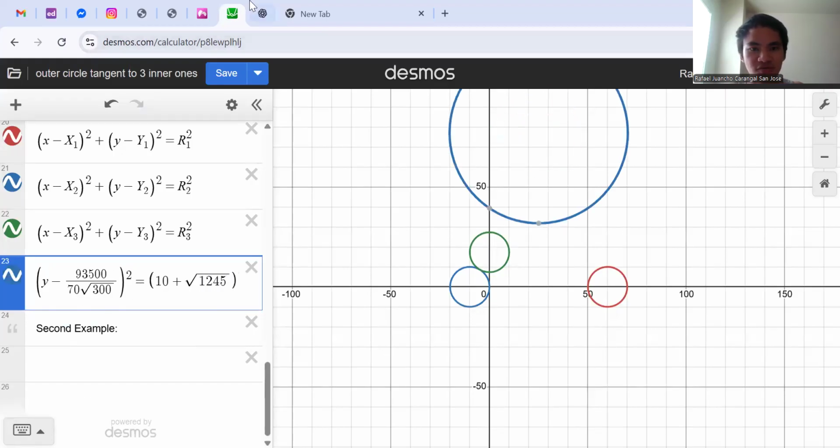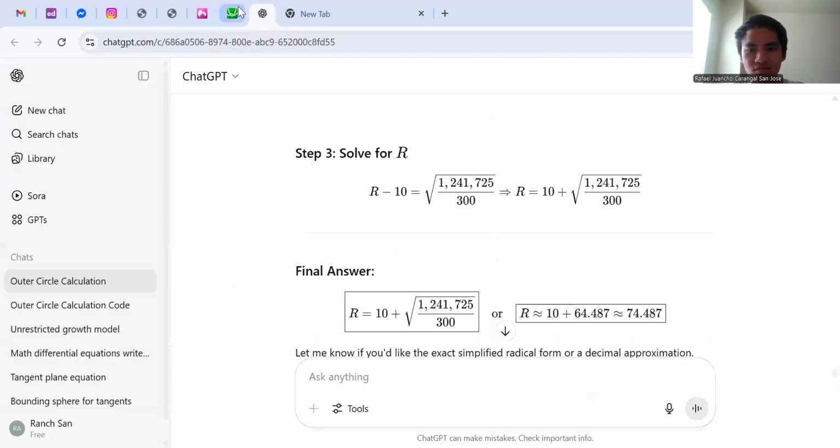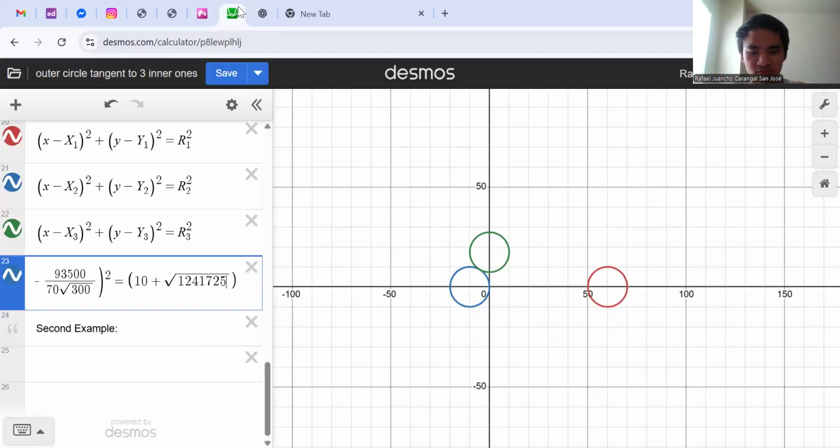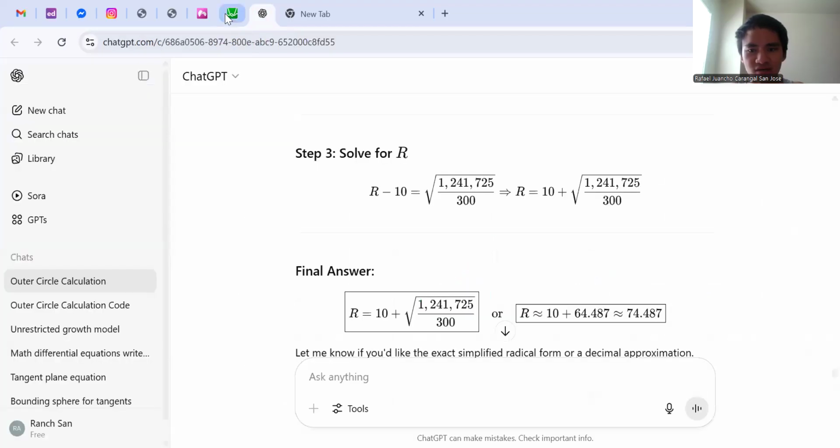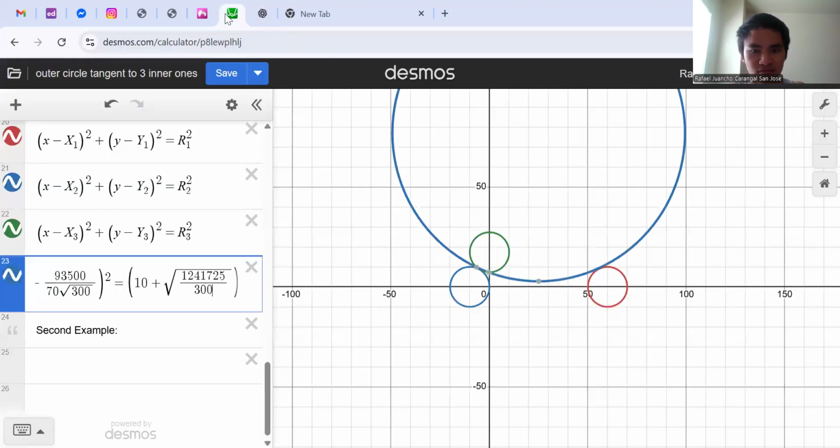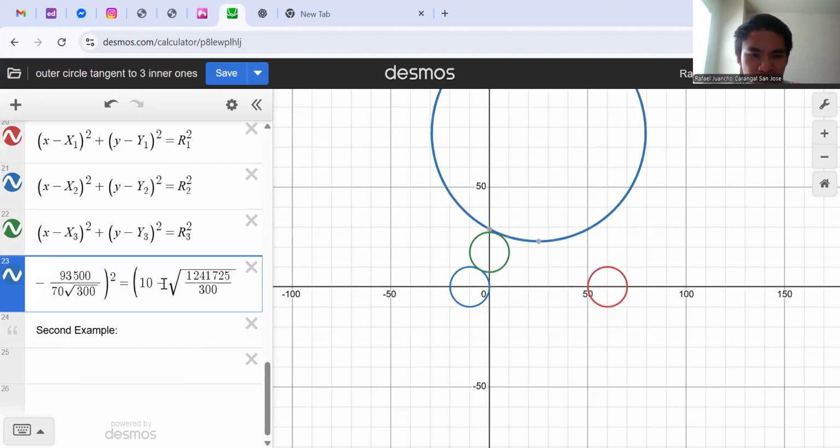So 1245 or 1241, my bad. 725. And I divide that by 300, right? And then I think this was a minus. Oh, now I don't get it. That's weird.